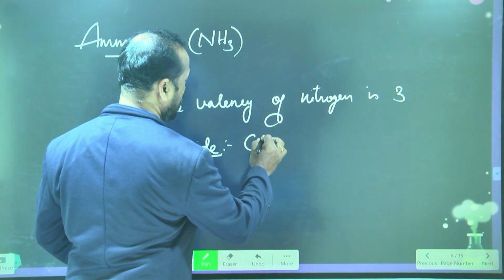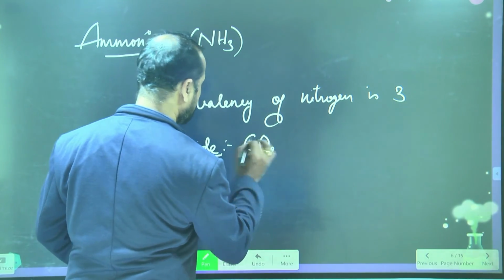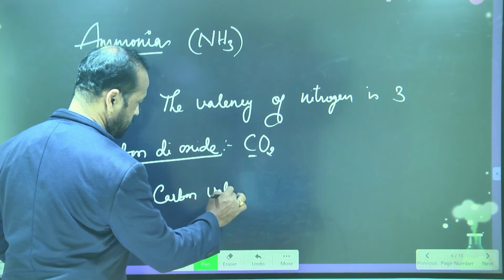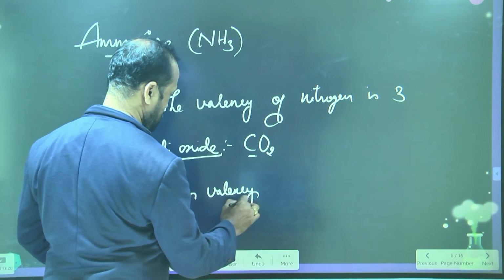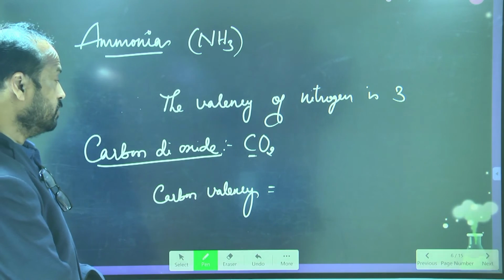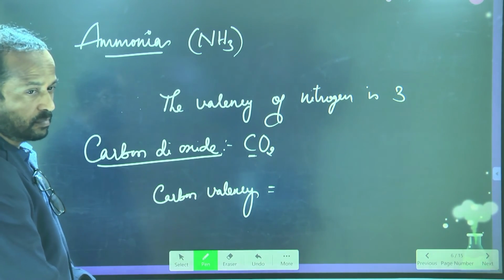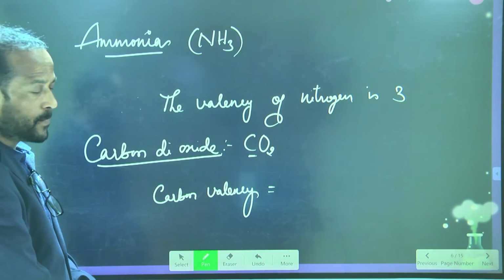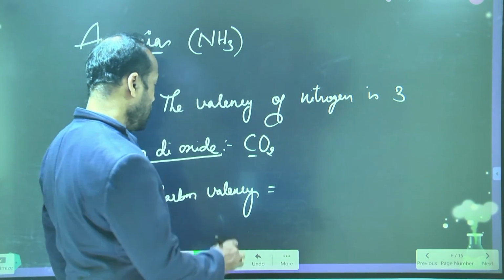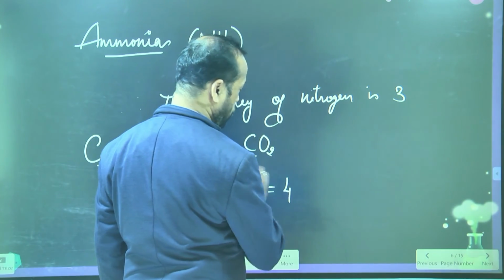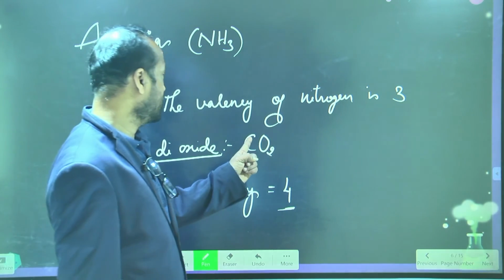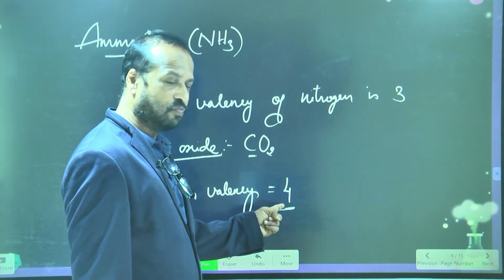CO2. So here now what is the valency of carbon? 2, sir. So here the valency of carbon is 4. You may ask me, why sir, here carbon is combined with only 2 oxygens, then why have you written 4?